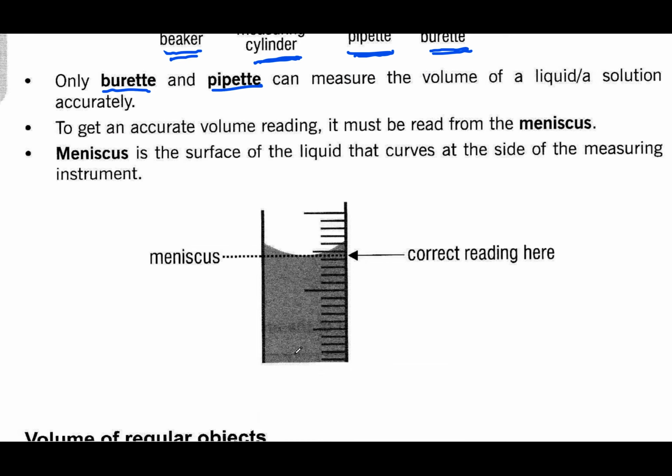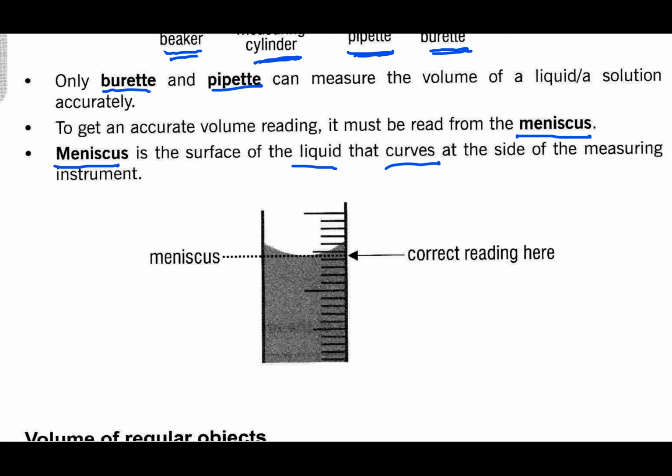When making volume measurements, it is important to take into account the meniscus. The meniscus is the curvature of the liquid due to the measuring instrument.